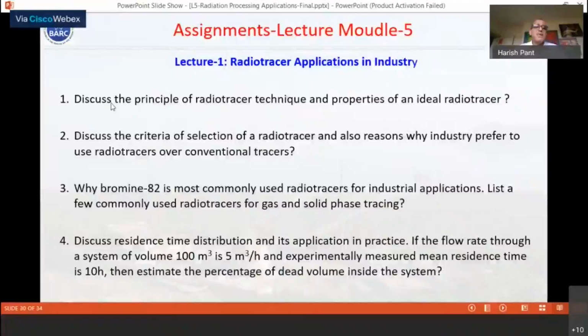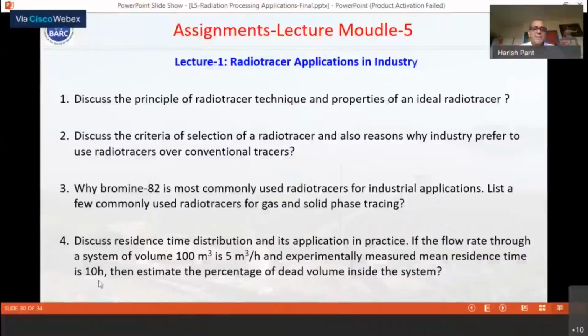Like discuss the principle of the radio tracer technique and properties of an ideal radio tracer. Very simple questions. Discuss the criteria of selection of a radio tracer and why industry prefers to use the radio tracer over a conventional tracer. You will get all this material from my presentation. Discuss why bromine-82 is the most useful radio tracer in industry.